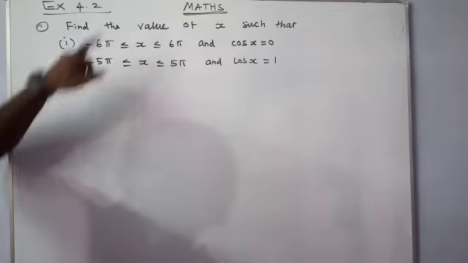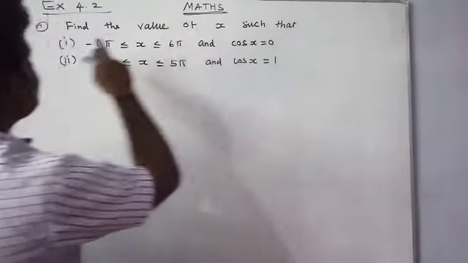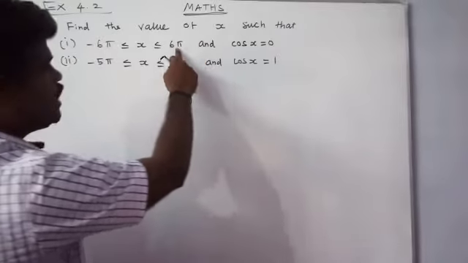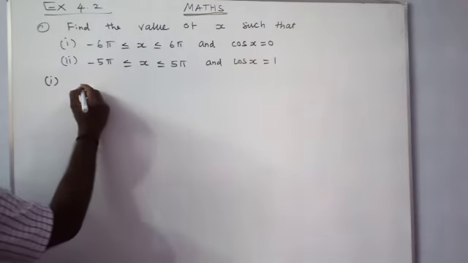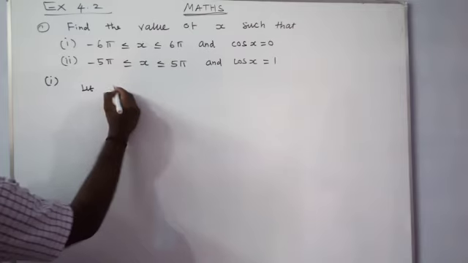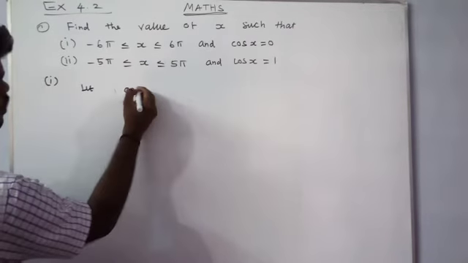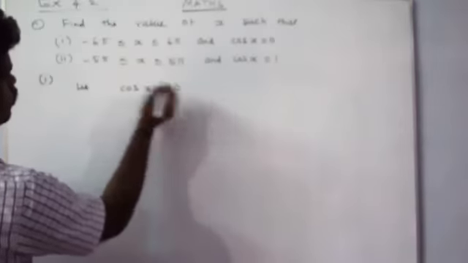Exercise 4.2, question number 1. Find the value of x such that first Roman letter 1, minus 6 pi less than or equal to x less than or equal to plus 6 pi and cos x equal to 0. Let us take first sum. Let y, that means cos x is equal to 0.